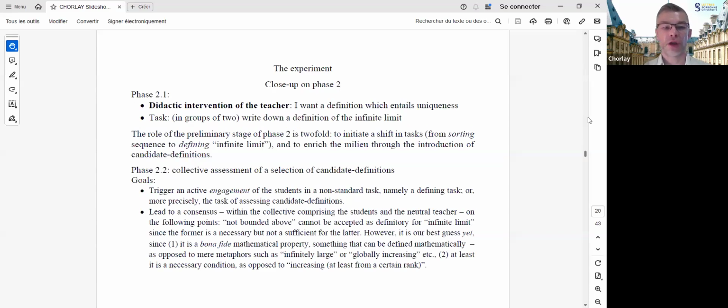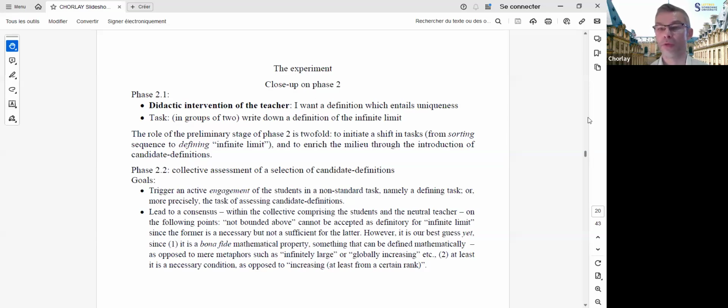So phase 2 starts with a didactic intervention of the teacher. The teacher says, I want a definition which entails uniqueness. This is actually where some history of mathematics helps, because you may be aware of the fact that in the 19th century, mathematicians did not require uniqueness, neither for functions nor for limits. So functions could be either one-valued or multi-valued.